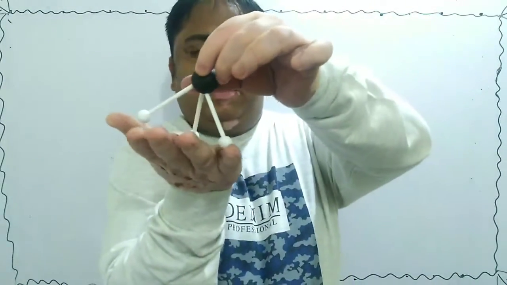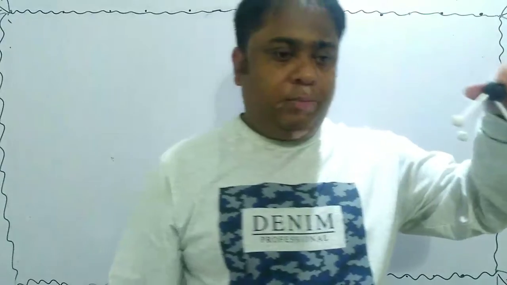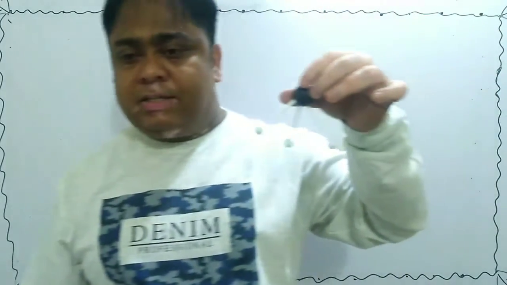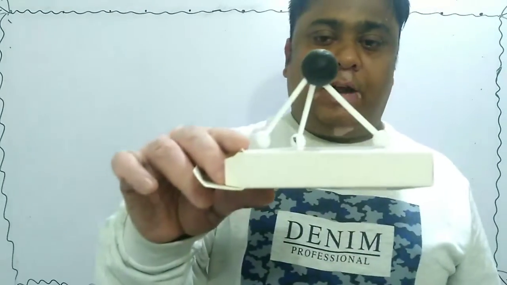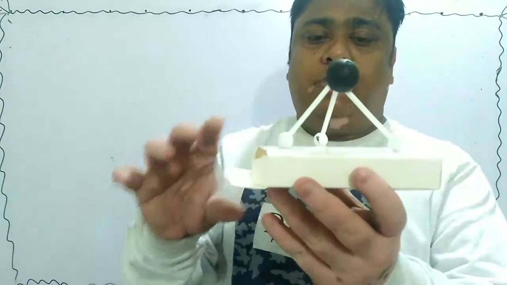So what is the shape? See, trigonal pyramidal. If I keep it over a book or over a board, then you will be able to see this as trigonal pyramidal. Say if I take this box, see, it is trigonal pyramidal. The base is forming a triangle.